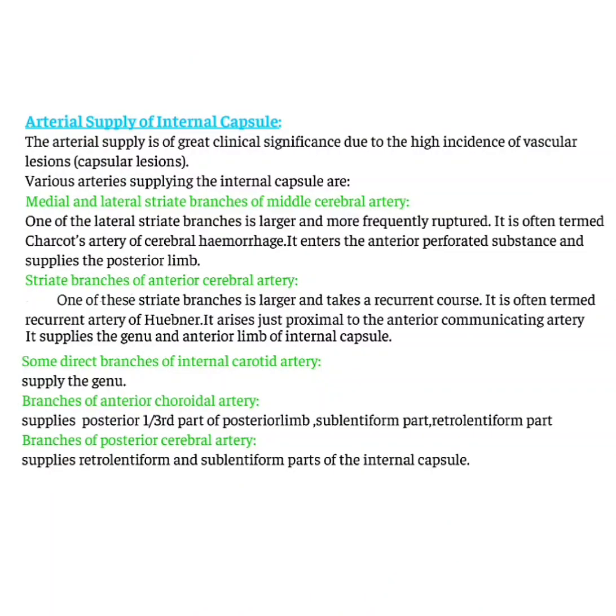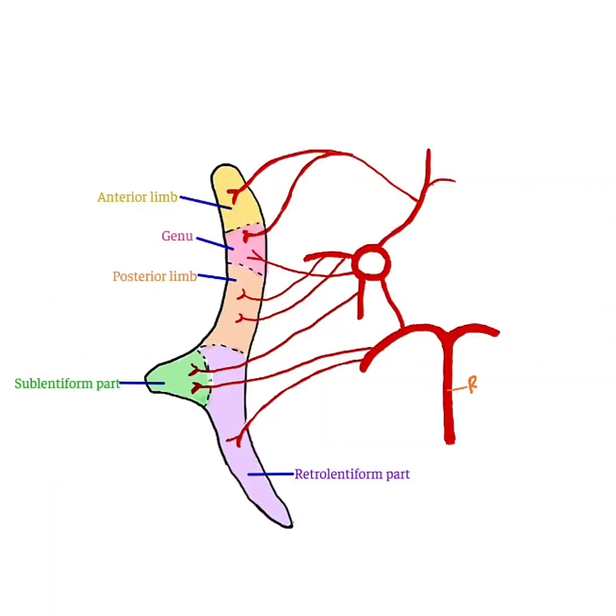Now let's see the arterial supply of the internal capsule. The arterial supply is of great clinical significance due to the high incidence of vascular lesions. Various arteries supply the internal capsule: medial and lateral striate branches of the middle cerebral artery. The basilar artery gives rise to the posterior cerebral arteries.